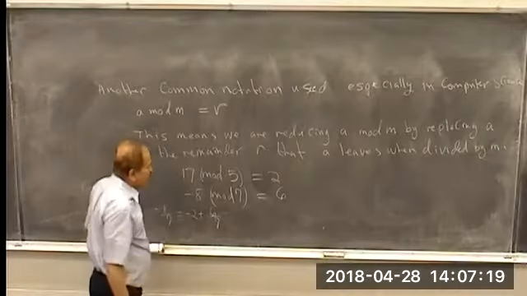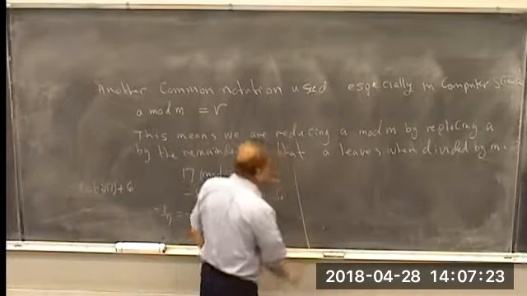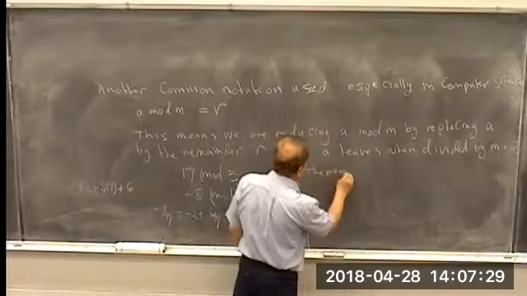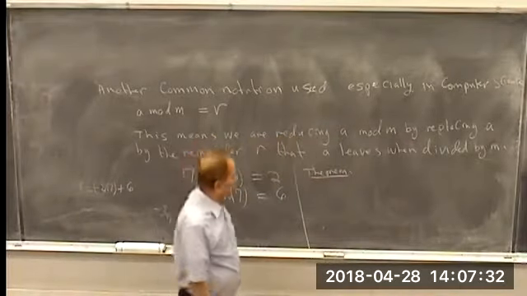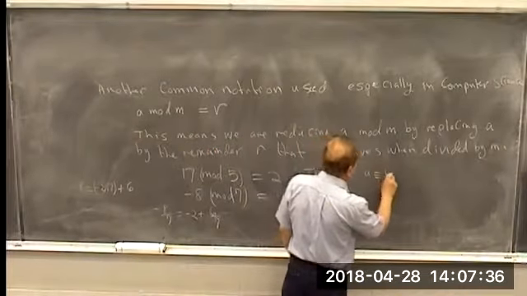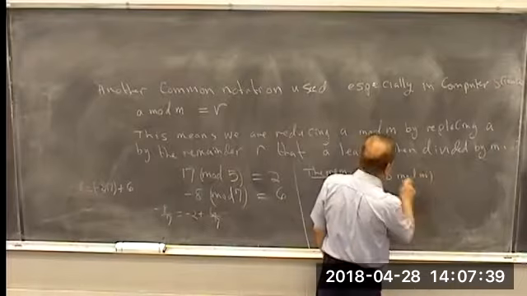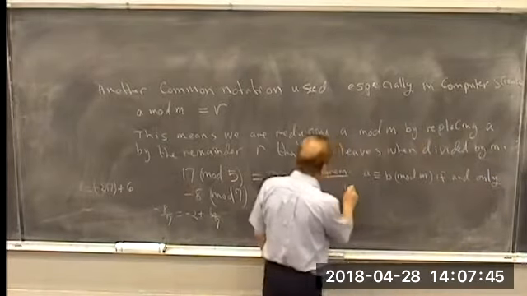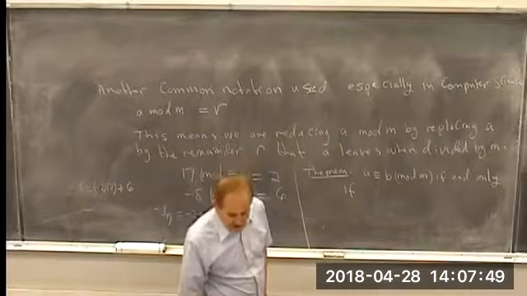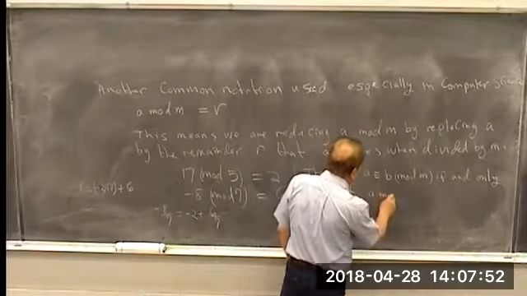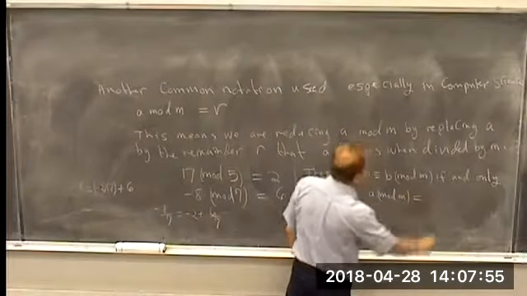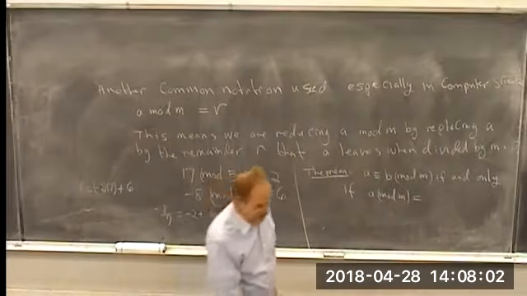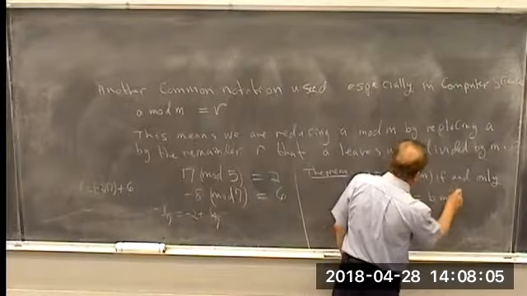So we can try to conclude from this discussion that this theorem, just to translate this using the notation: A is congruent to B mod M if and only if A mod M is equal to B mod M.